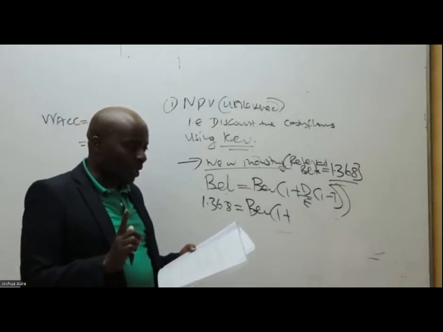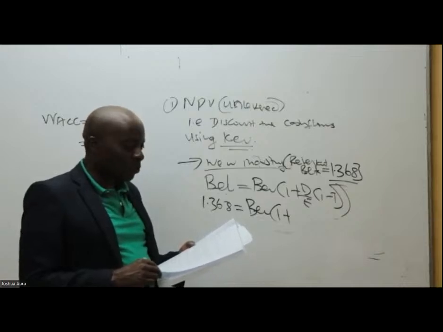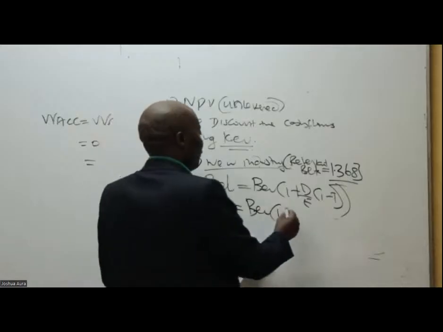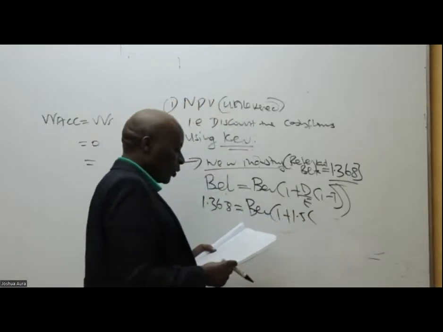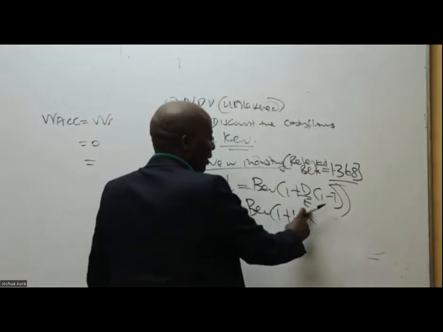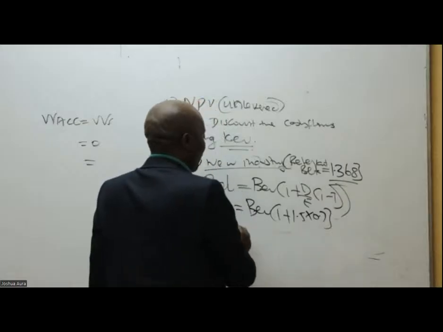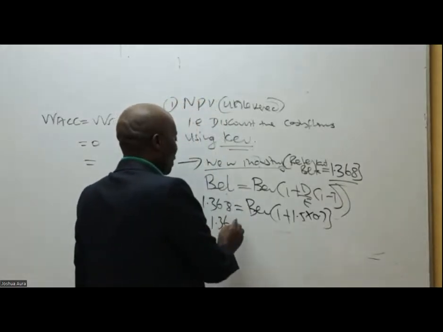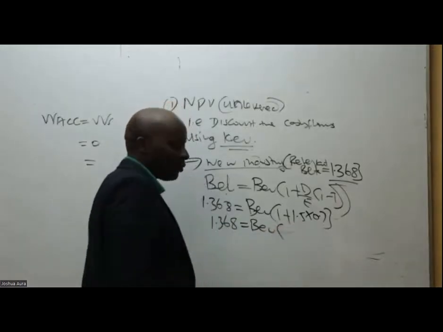Thank you, 1.5. So what is the tax rate? The corporation tax rate is 30%. So this should be 0.7. So then 1.368 equals beta times this and this.